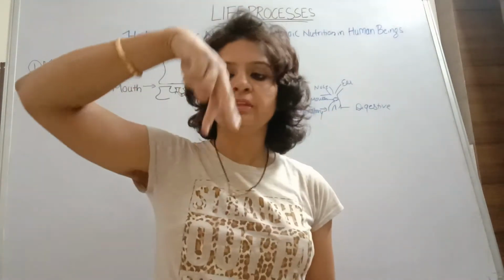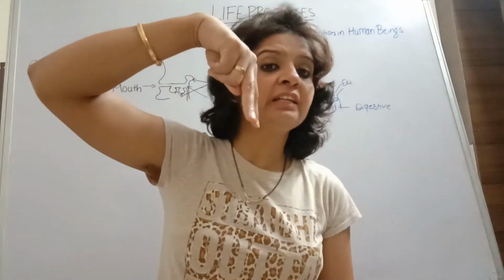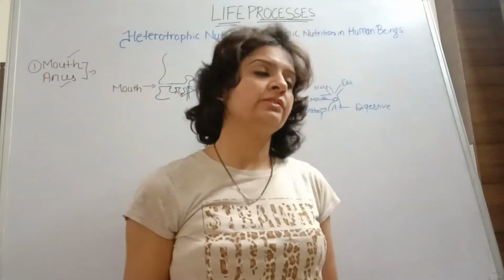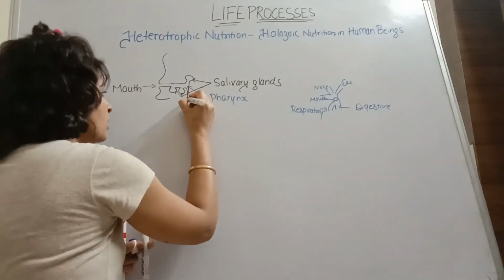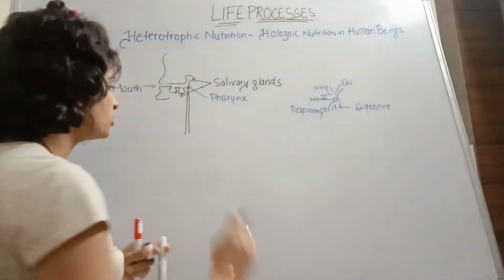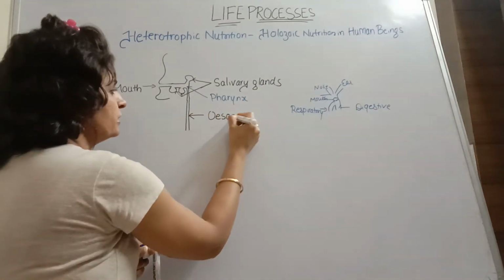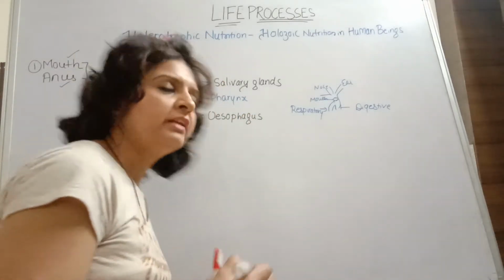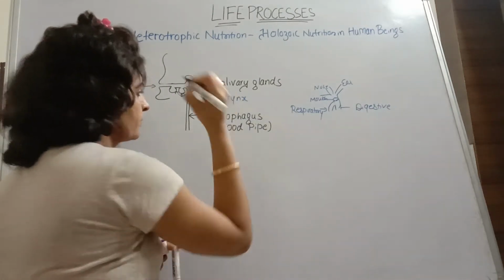So, if I talk of the pipe coming here, you have these two pipes. The one which is in the front is actually the respiratory tube, the trachea, and at the back is the digestive tube. So, this pharynx will lead to a tube-like structure, and this tube-like structure is known as the esophagus, which is also known as the food pipe.